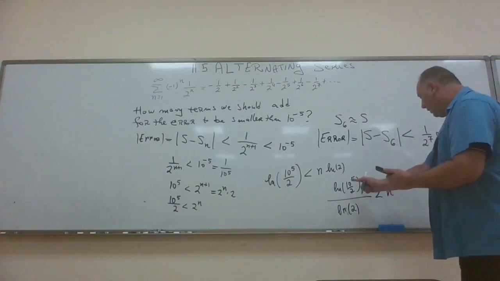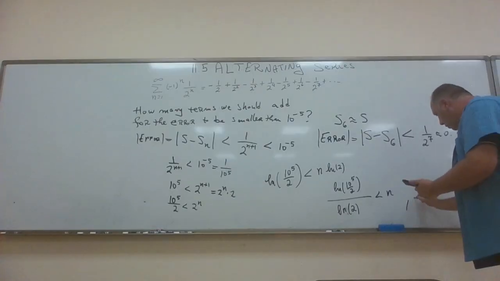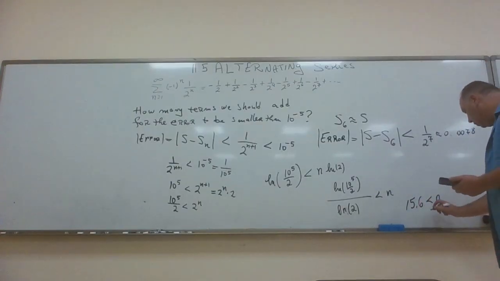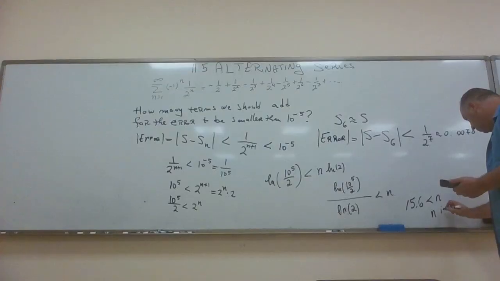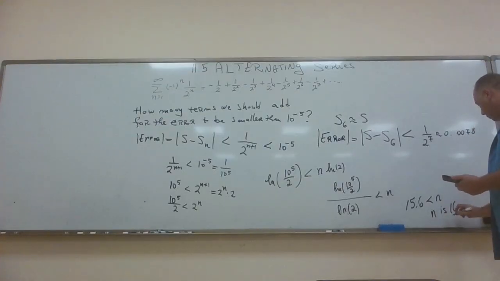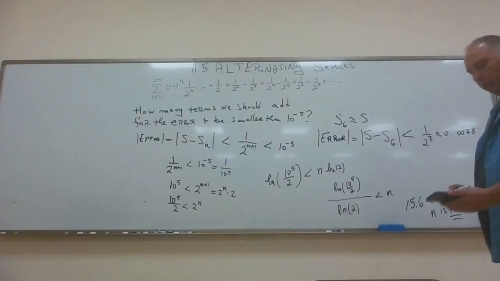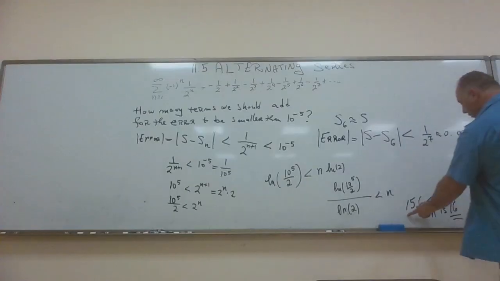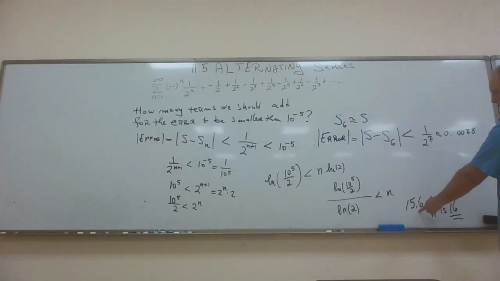So the number that I get here is approximately 15.6. So n needs to be at least 16. Okay, so approximately that's what we do. We compute this number here. It gives us something. It is not a whole number, so we take the next whole number.